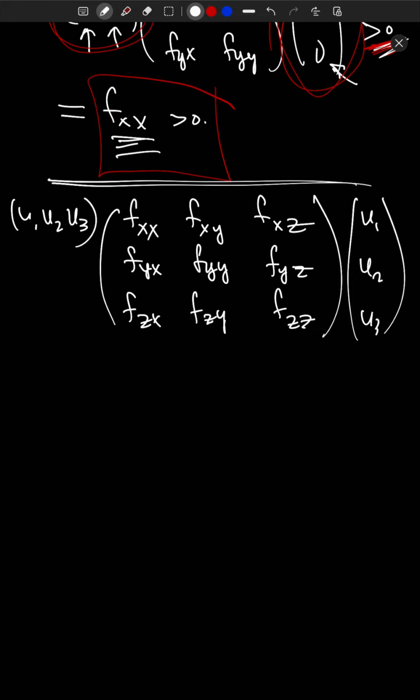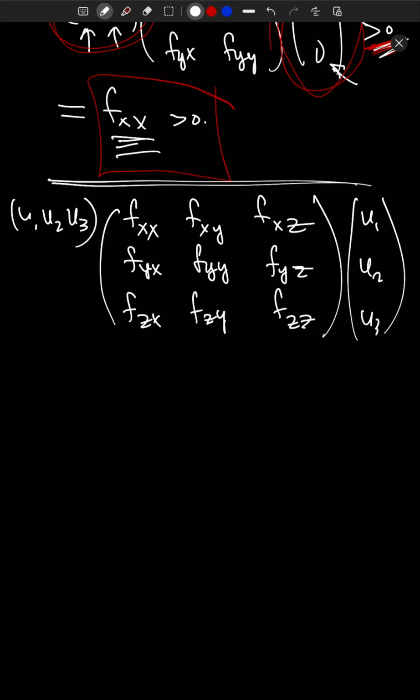Same conclusions. So what's the second derivative test? It's exactly the same. If all three eigenvalues are positive, then you're at a minimum. If all three eigenvalues are negative, then you're at a maximum. If it's mixed, some positive, some negative, then you've got a saddle. And if it's zero, again, you don't know anything. So super simple with this particular point of view.